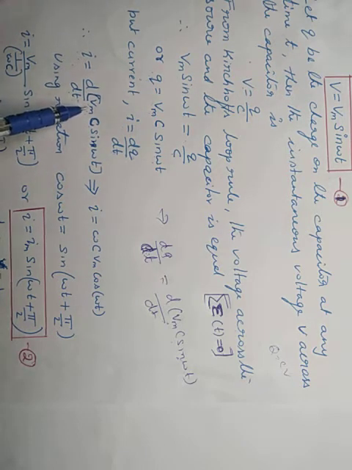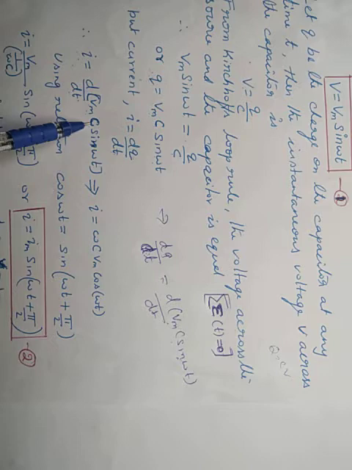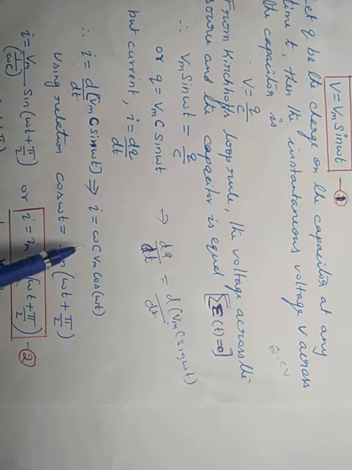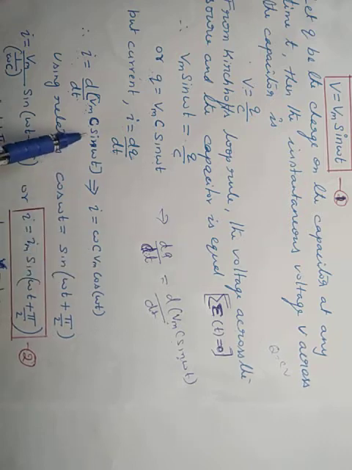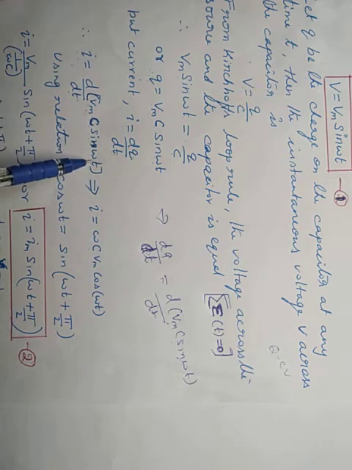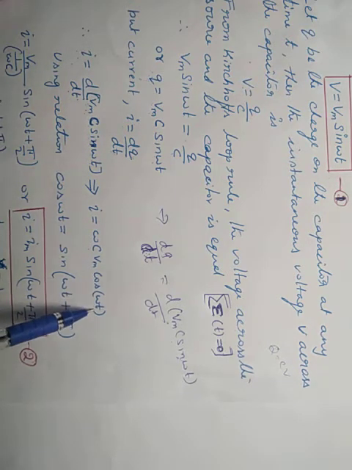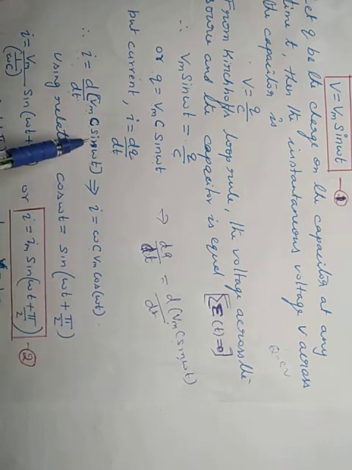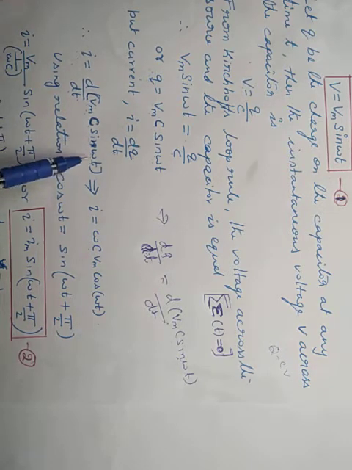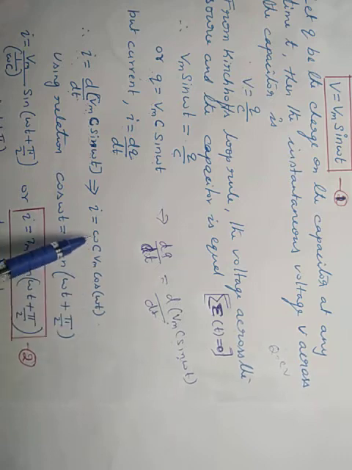Here Vm and C are constants. Take them out, you will get C Vm. Then you have to differentiate sin omega t. The differentiation of sin omega t is cos omega t into omega.